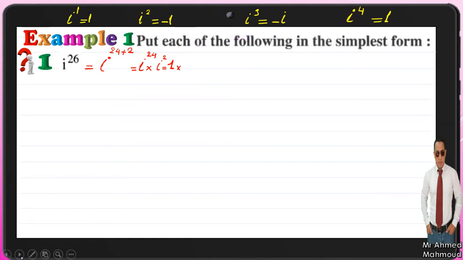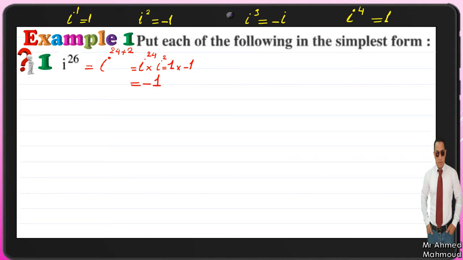Now back to our example. i power 2 equals negative 1, so finally it equals 1 times negative 1, which equals negative 1.